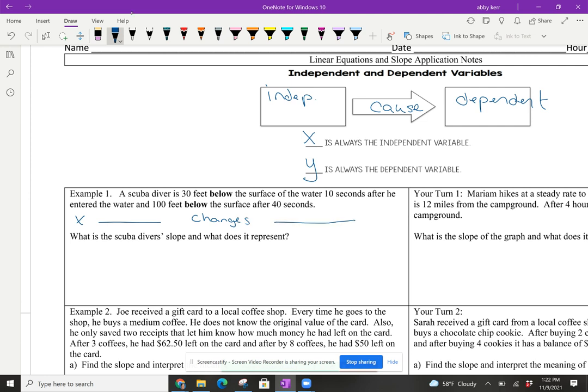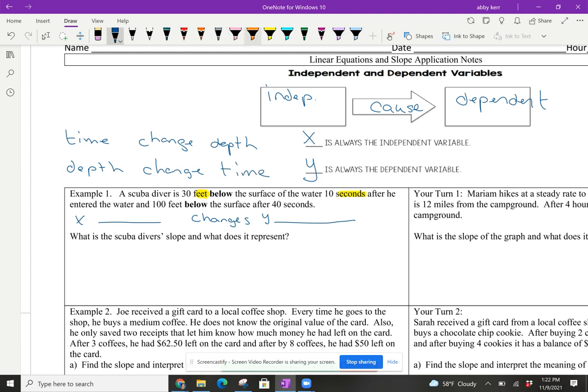So the first thing you want to do is figure out what are the two units. So we have the scuba diver who's diving 30 feet below the surface in 10 seconds and then 100 feet below in 40 seconds. So we're talking about the depth of the water and then the time. So we want to determine, does time change the depth or does the depth change the time?